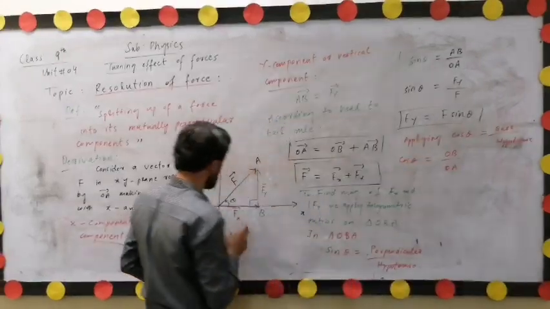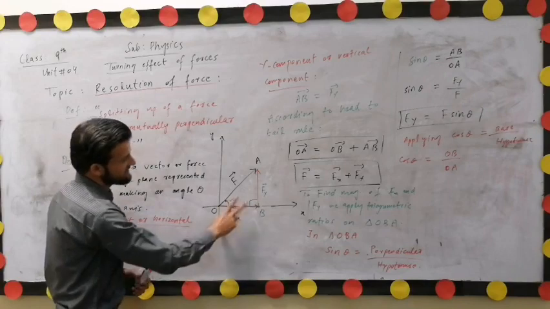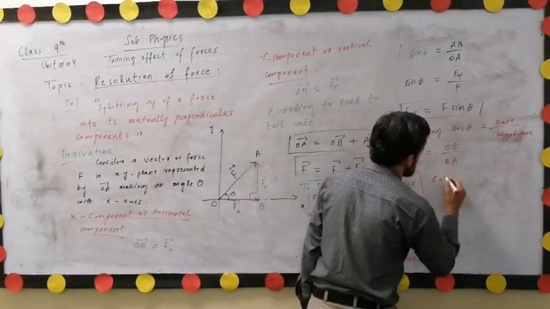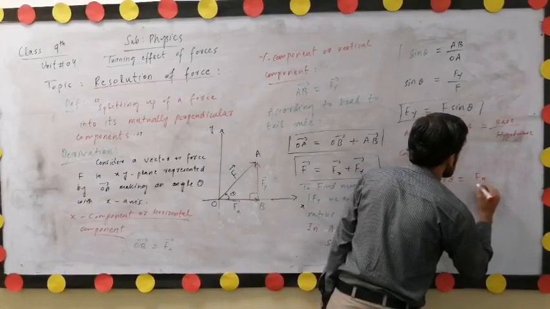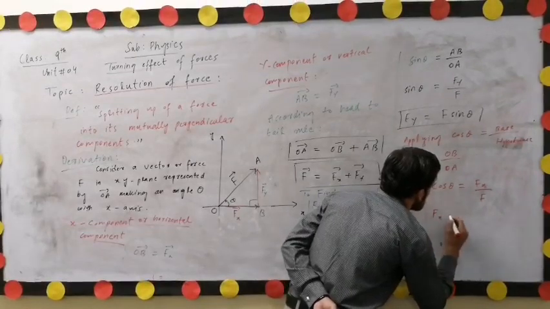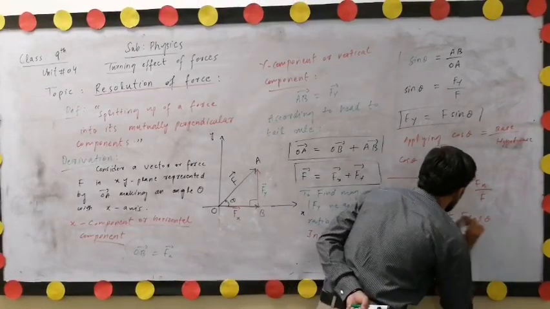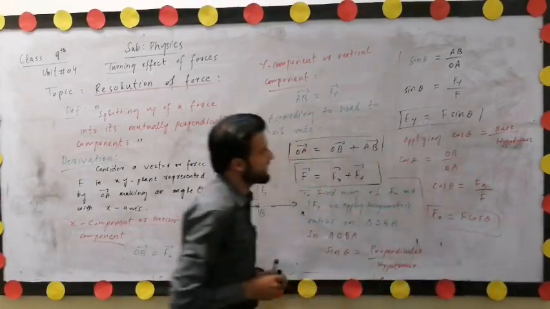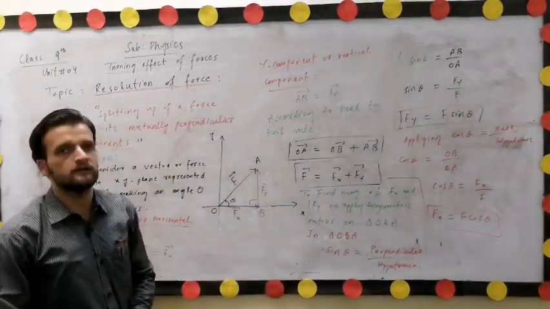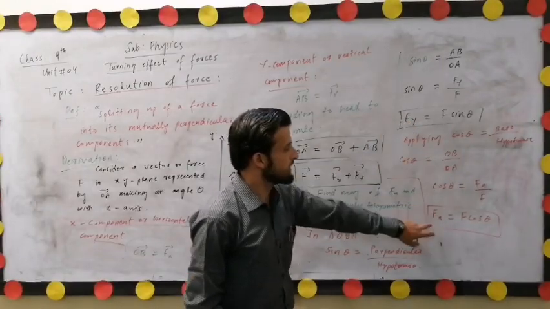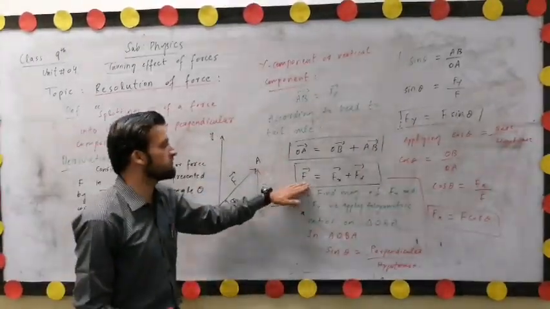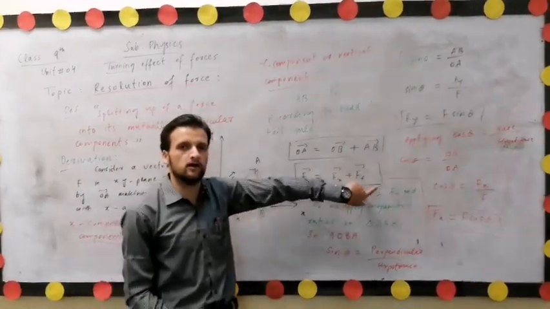Here OB is Fx and OA is F. So cos theta equals Fx over F. Similarly, Fx equals F cos theta. This is our horizontal component and this is our vertical component. Finally we have calculated the magnitudes of the horizontal component Fx and the vertical component Fy, and we have resolved the force into its two mutually perpendicular components.